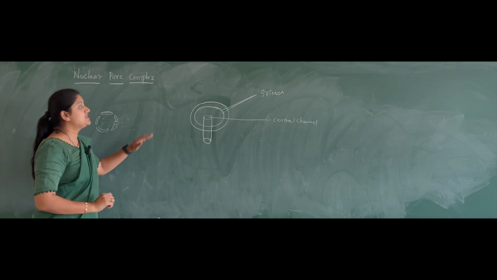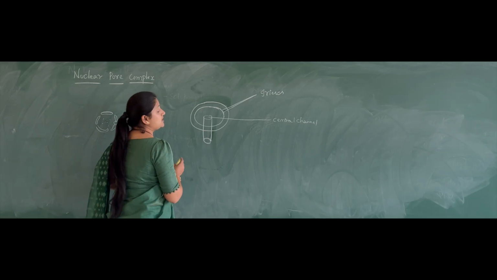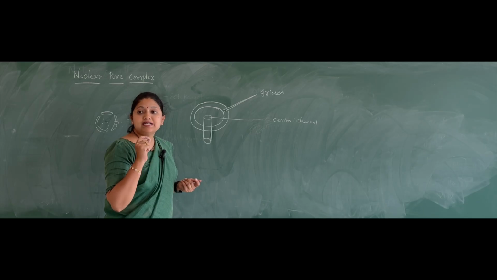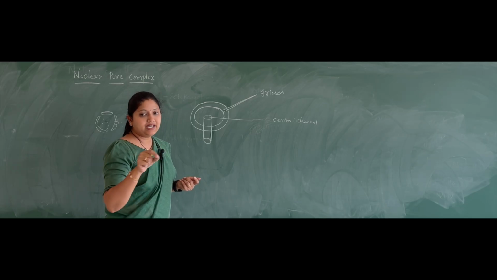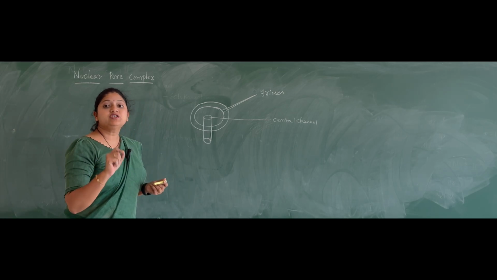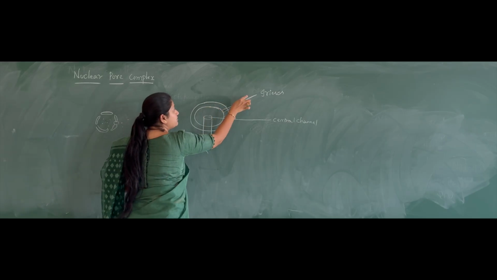On the side of the cytoplasm, there is an octagonal ring. Octagonal is 8 sides, right? So there is an octagonal ring which is attached to this central hub with the help of the spokes.